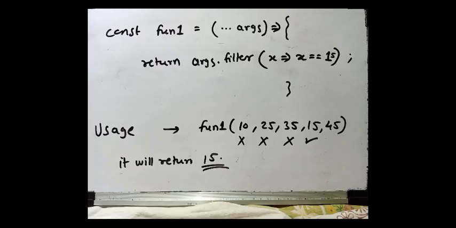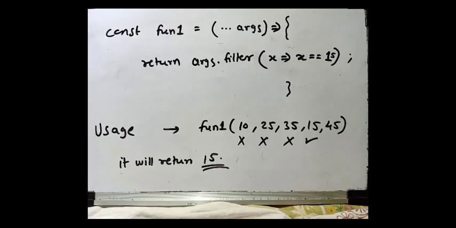Within filter I have written x arrow x equal to 15, meaning for each element of args, maybe 10, 20, 50, 100, I don't know how many elements, whatever it may be, it will always check whether this condition is satisfied, and if yes, only then it will return the value, or it will return x.